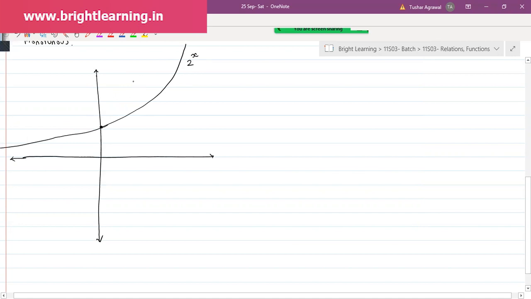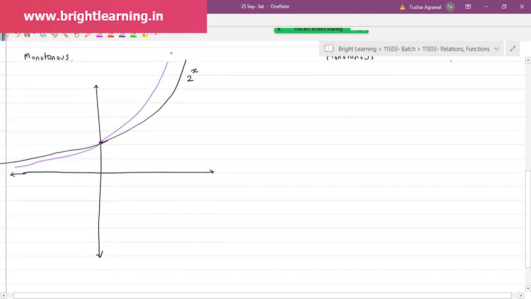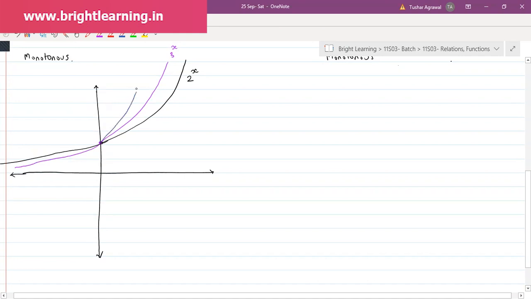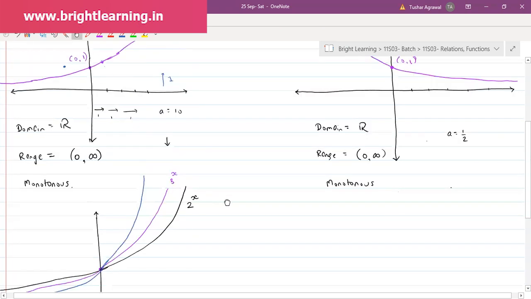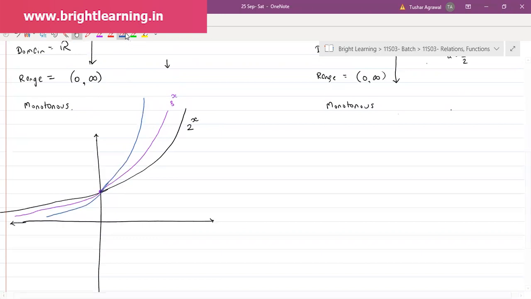Okay. Then the graph of 3 to the power x will also pass through 0, 1. The graph of 3 to the power x will be something like this. The graph of 5 to the power x will be, it's a smooth curve. Don't go by my drawing. It's a smooth curve like previously, the blue one, that is 5 to the power x.